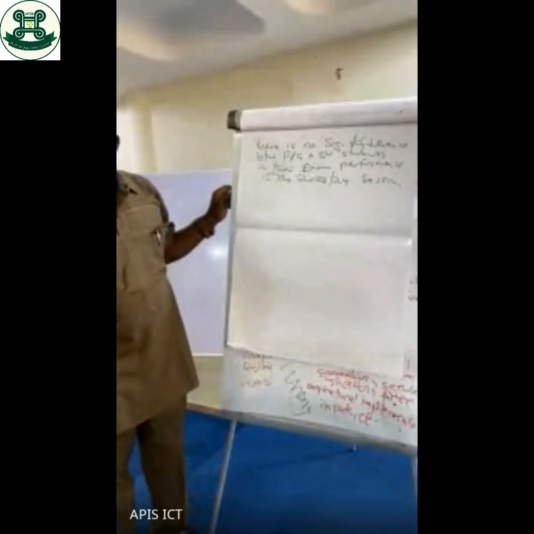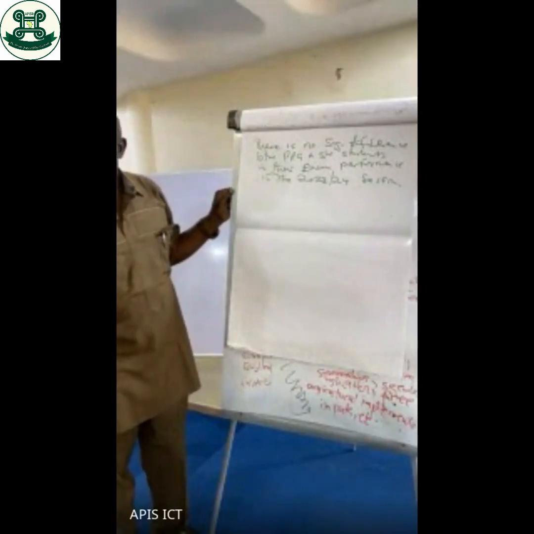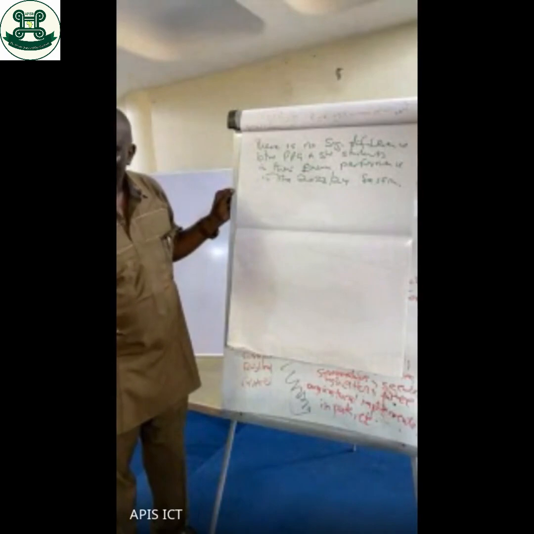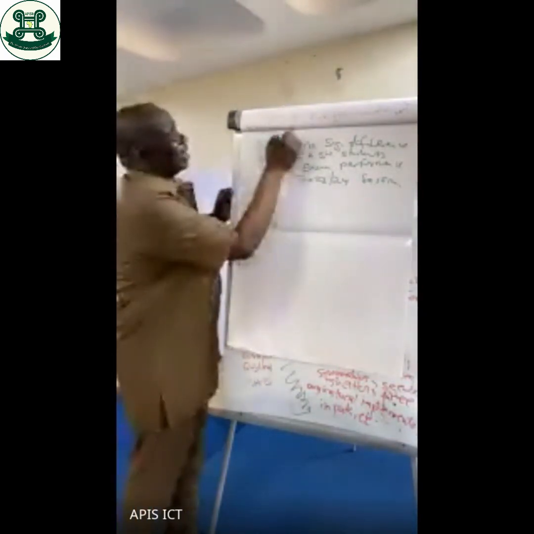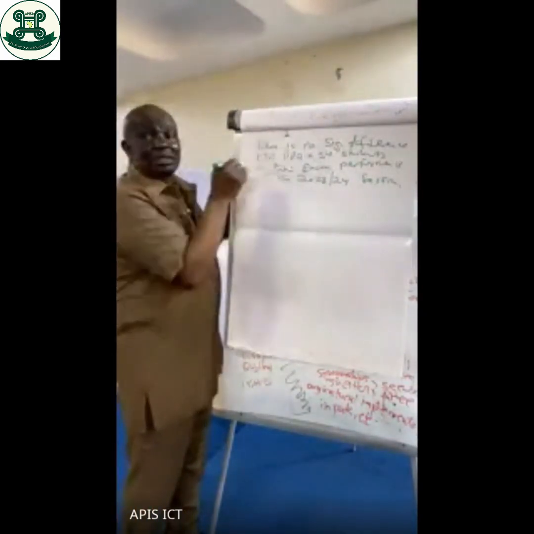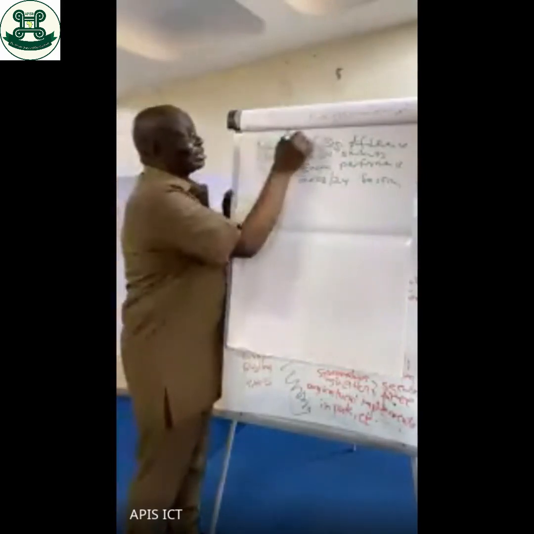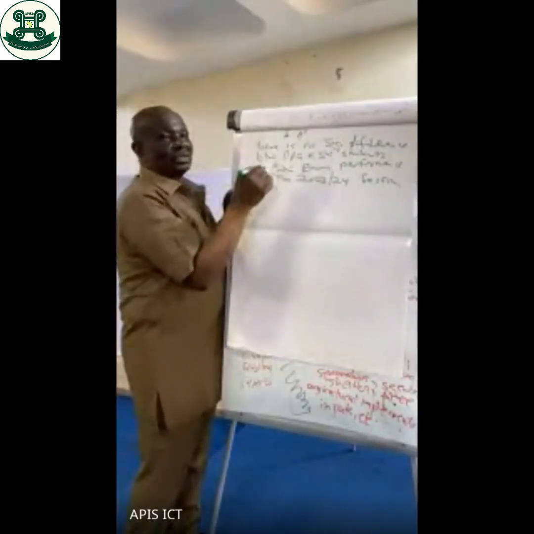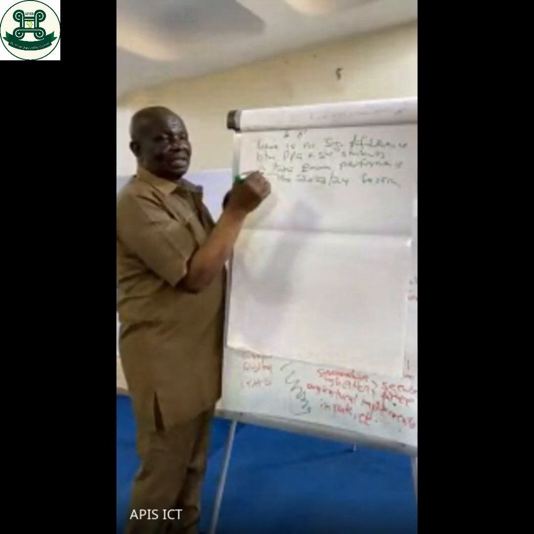How do you write the null symbol? It's the small one, like this.